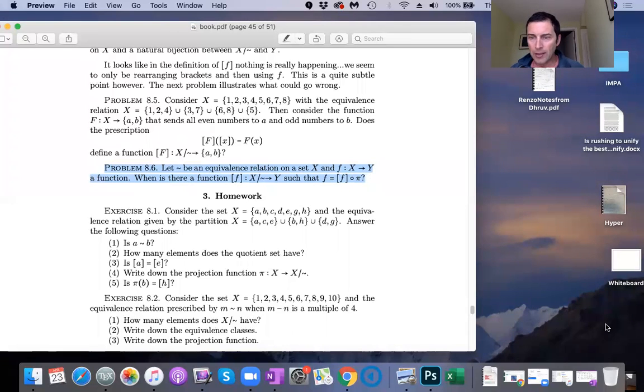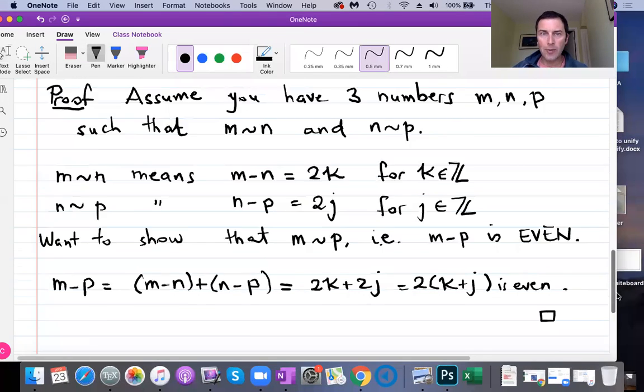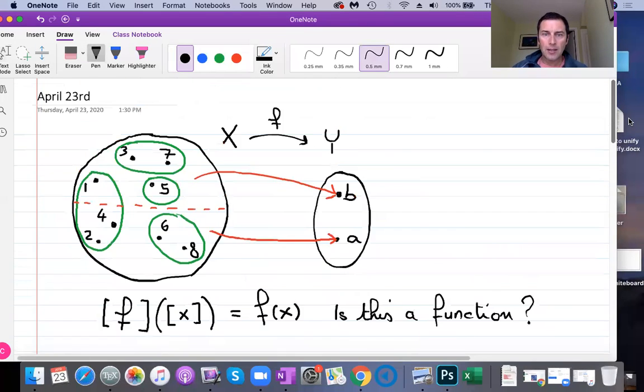I've actually prepared a picture for this. So let's jump there. That was sort of the beginning of my notebook. This is actually the example in problem 8.5.